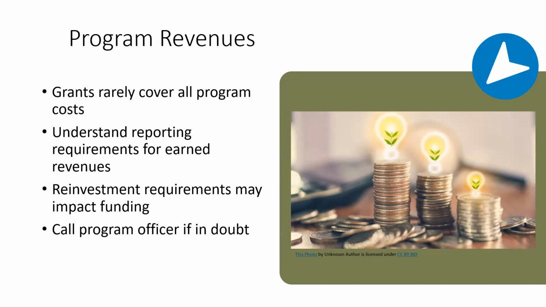So you decide, we'll charge $10. That'll make it seem more valuable, and that'll make people be committed because they've got some money in the game. You need to find out whether that $10 you collect per person can be used for operations of your organization, or whether it has to go back into the program. In other words, it has to be reinvested in the program that you're providing.